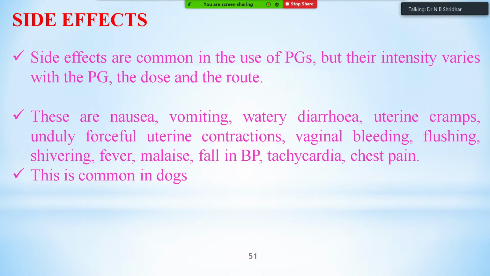So don't administer PGF2 alpha in dogs without prior intimation to the owner, or else as soon as the prostaglandin analogs are administered, the animals start vomiting, with watery diarrhea, etc.